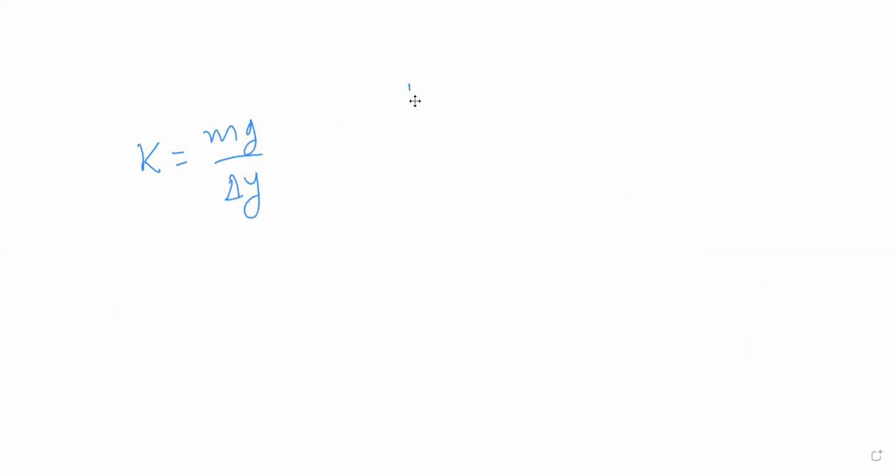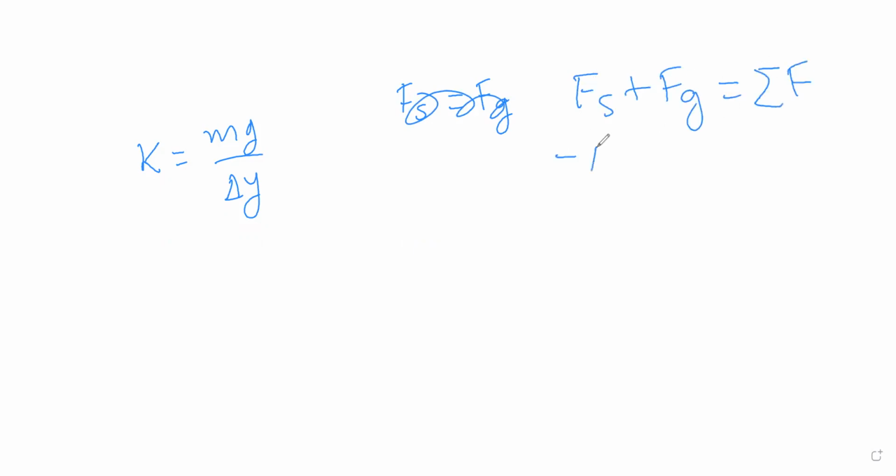If we have Fs equal to Fg, right? Like we know, it's not like this. It's like Fs plus Fg is our net force F, and we know Fs equals k del y, and this is mg, and this is zero net force working on this.